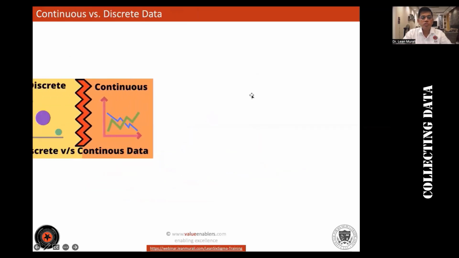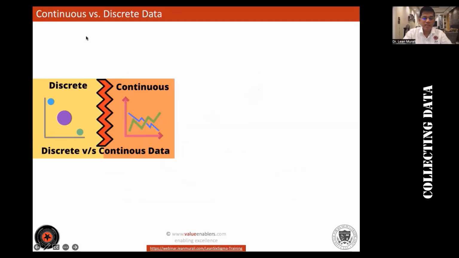So continuous versus discrete data we've already seen. Now we will go a little faster. It is important to understand the data type before graphical representation of the data.